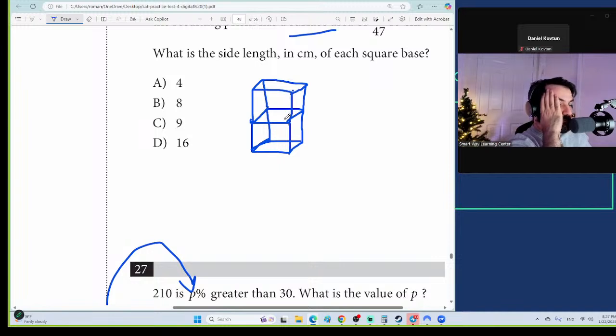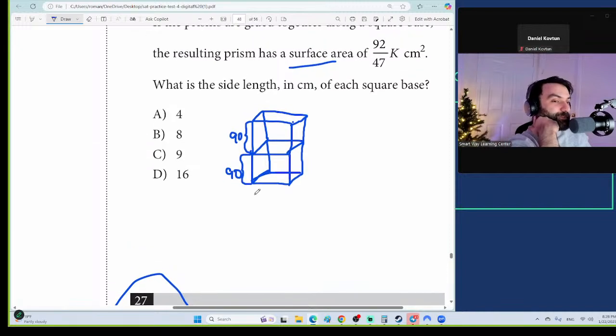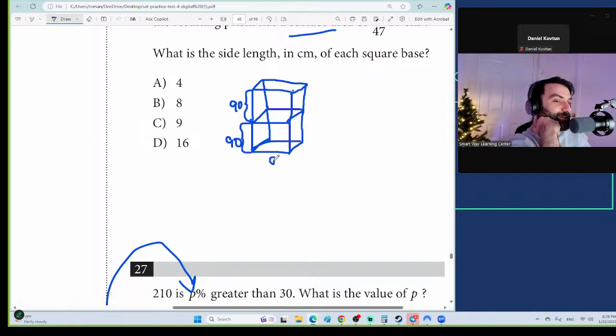This is what we have. The height of this is 90, so this is also 90. Let's say our side length is A or X. You know what? X is easier. This is also X.